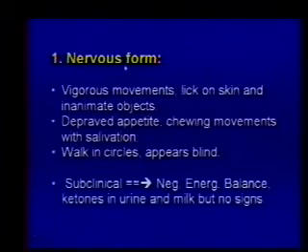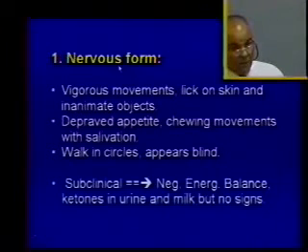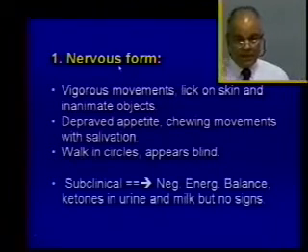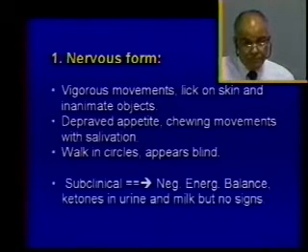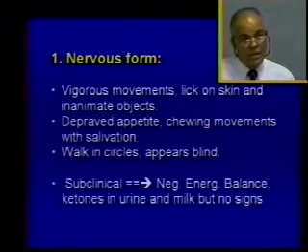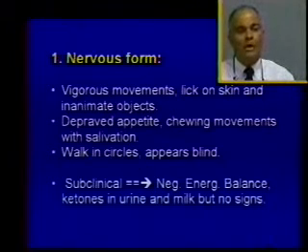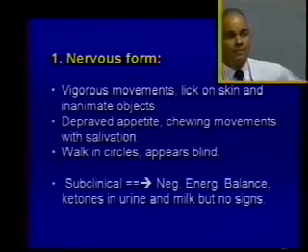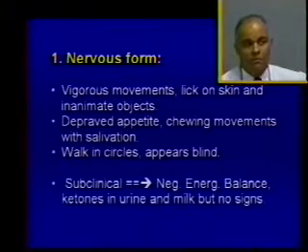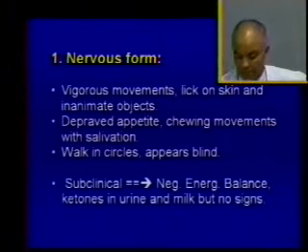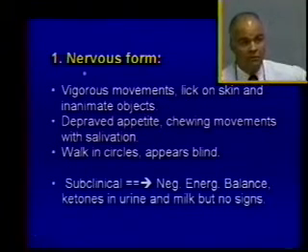There's a nervous form, which is the most severe form of ketosis. It may be caused by the ketoaciduria, and it is also caused by hypoglycemia, because this is a hypoglycemic condition. With the nervous form, we have vigorous movements.